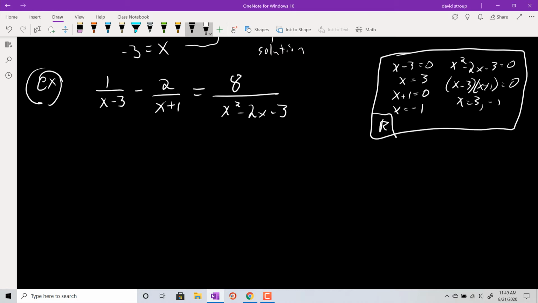Going to go ahead and multiply. I need to get rid of the x minus 3 and the x plus 1, so I'm going to need to multiply by that. And that x squared minus 2x minus 3 is just the x minus 3 times x plus 1, so that will get rid of that denominator on the right-hand side.